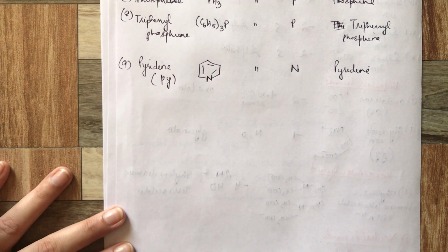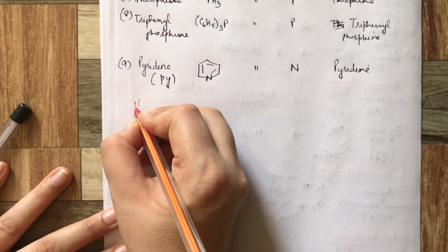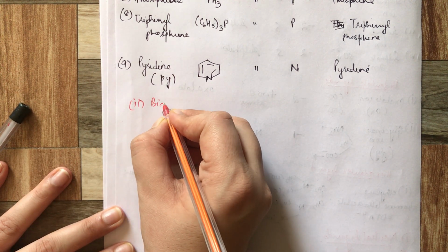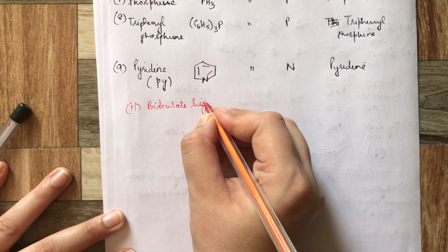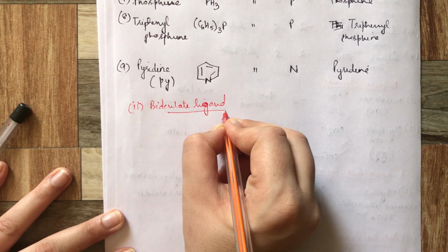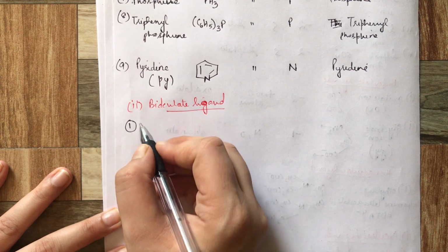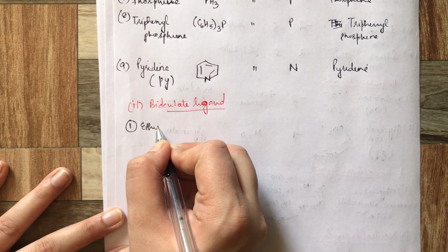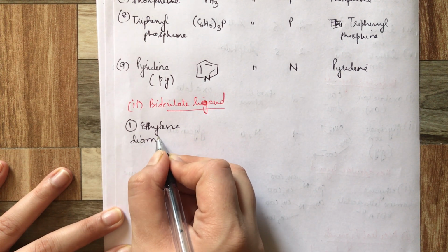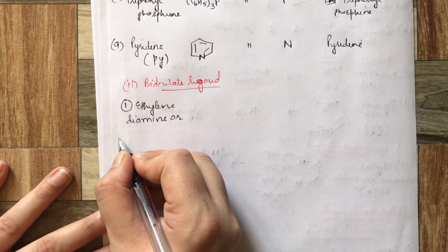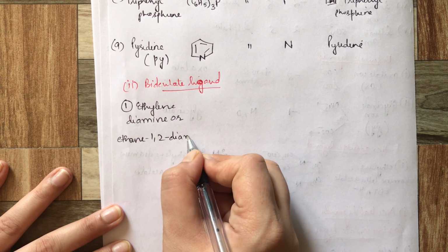Next is the bidentate ligands. They are neutral, but we talk about them as bidentate ligands. The most important one is ethylene diamine, or ethane-1,2-diamine.